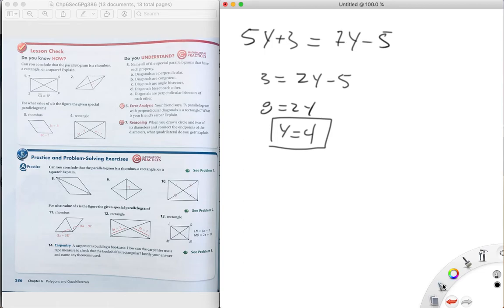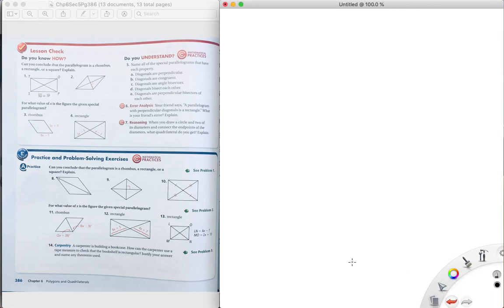So you notice they haven't really talked about squares, because a square merges both of the conditions of a rectangle and a rhombus. We just talked about a rectangle where diagonals are congruent. Well, that same thing applies in a square. Diagonals are congruent. It also merges the condition of a rhombus, which says that diagonals are perpendicular.